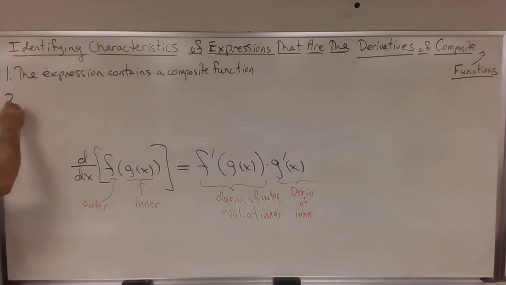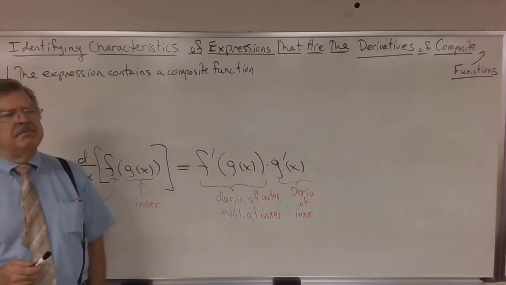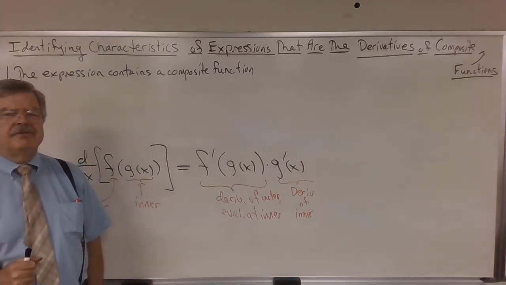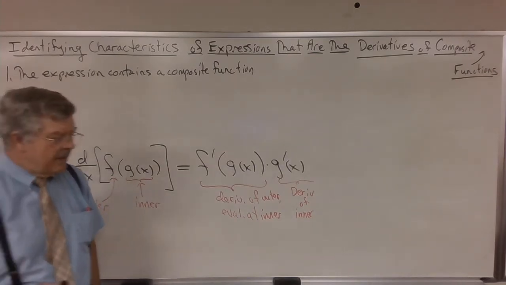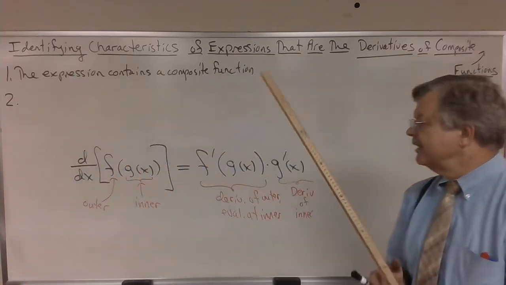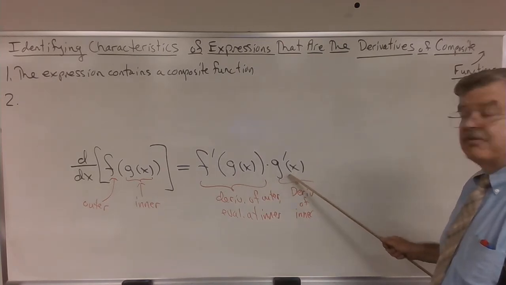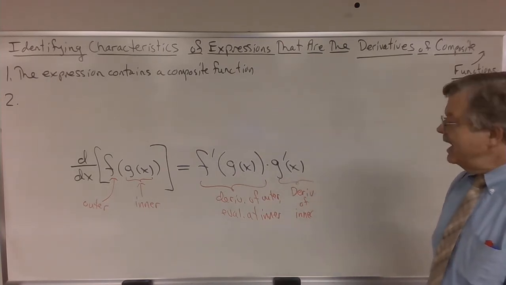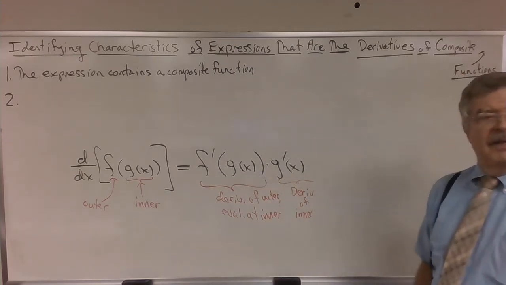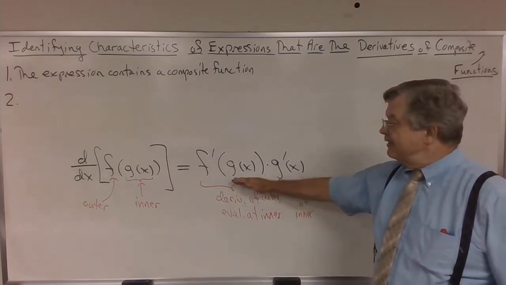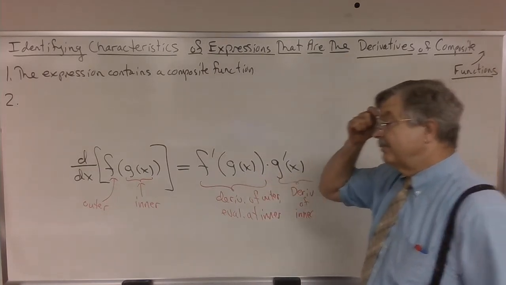So this is one identifying characteristic of expressions that are the derivatives of composite functions. Now we'll look at anything else that we can see here in the derivative that seems to be unusual in the sense that it's not necessarily true of functions in general. And perhaps what gets our attention here is we see g of x here, and we see g prime of x here. And I'm going to refer to this as a function derivative pair. So the derivative of a composite function contains a function derivative pair.